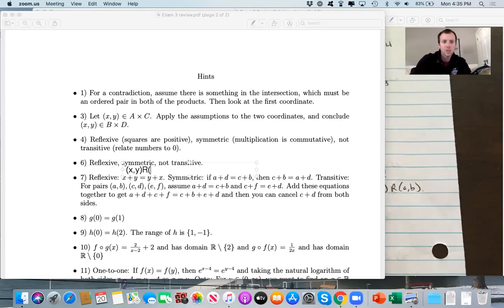So if (x, y) is going to be related to (x, y), it means that the first coordinate plus this second coordinate is equal to this first coordinate plus this second coordinate. If you write that down, what you get is addition in these 2 orders. And since this is true, every pair is related to itself.